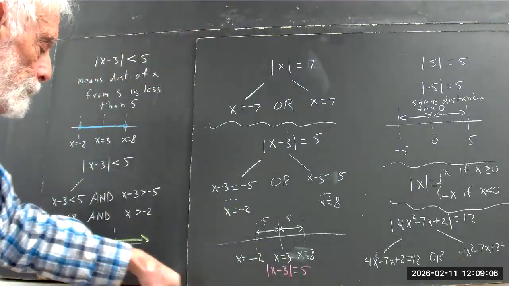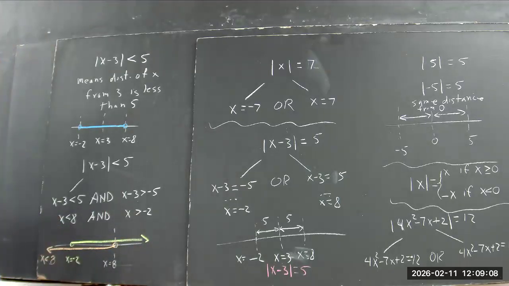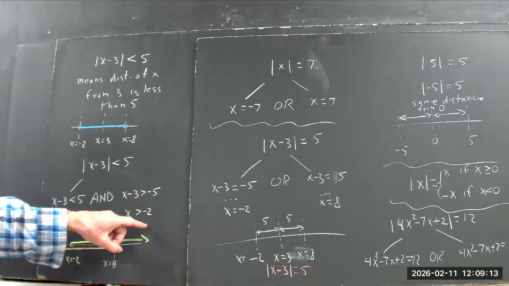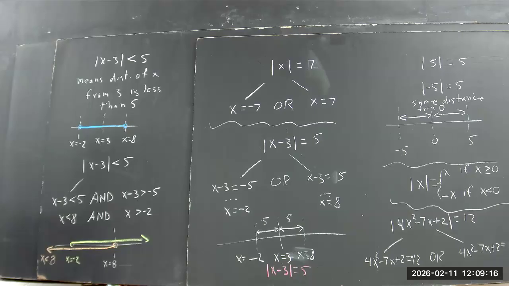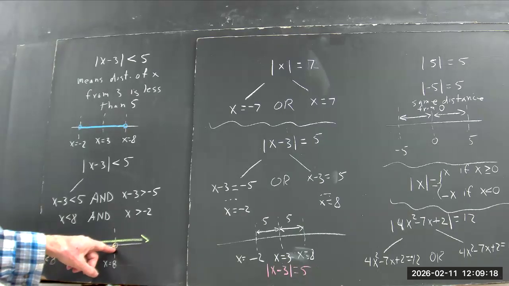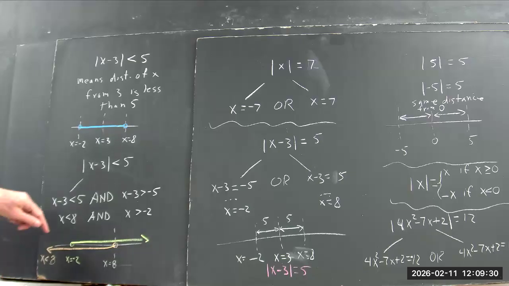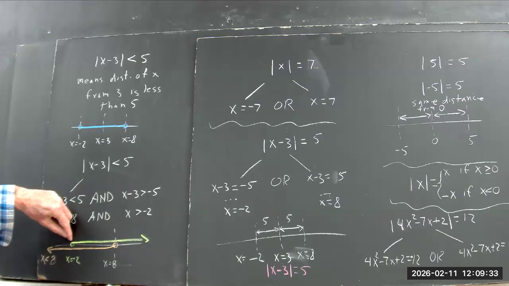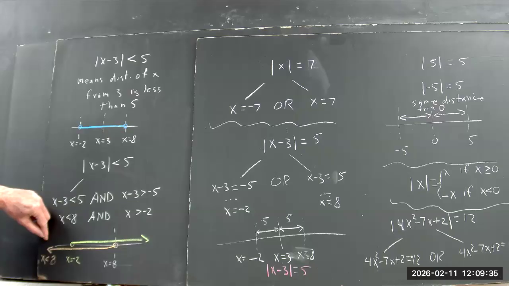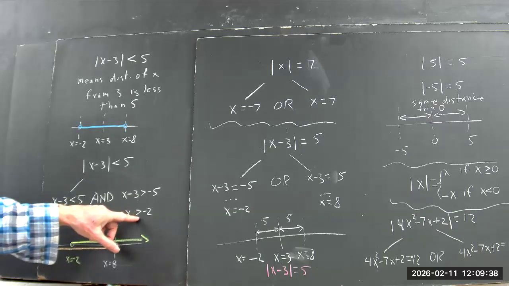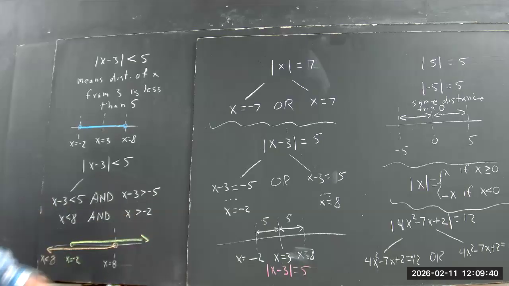Now, where are the values of x that are both less than 8 and greater than negative 2? The values of x that are less than 8, again, start at 8, go to the left, past x equals negative 2 and forever. But as soon as we get past x equals negative 2, the x greater than negative 2 condition isn't satisfied anymore, right?